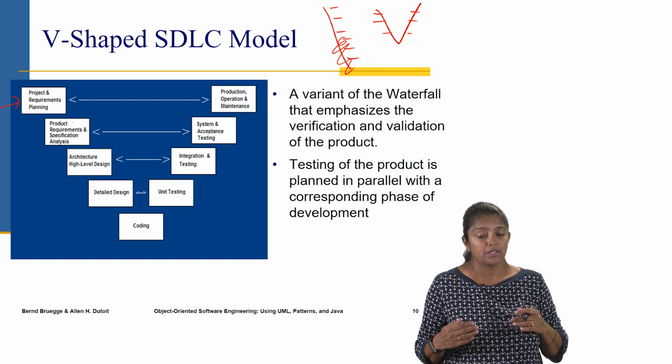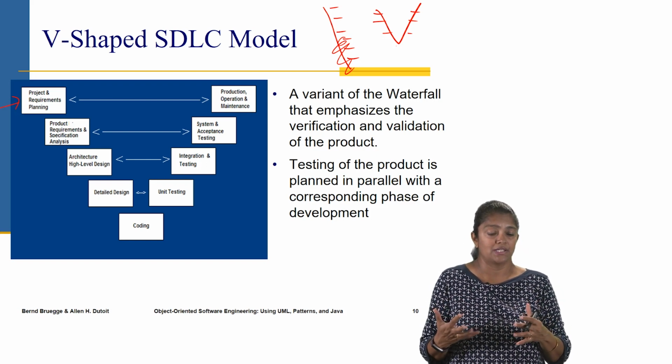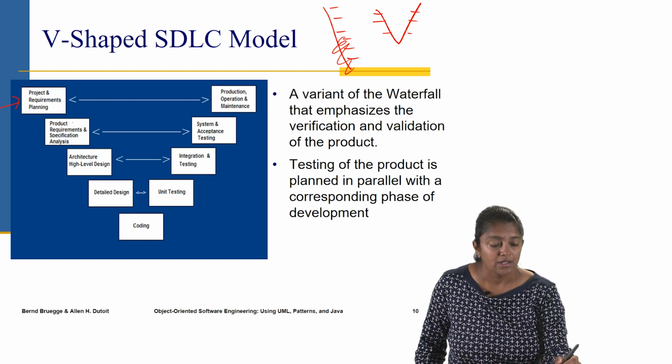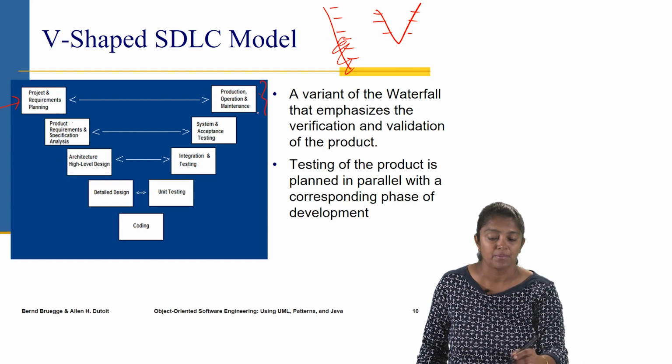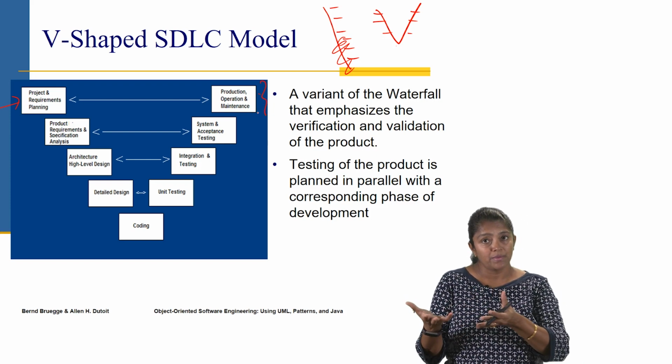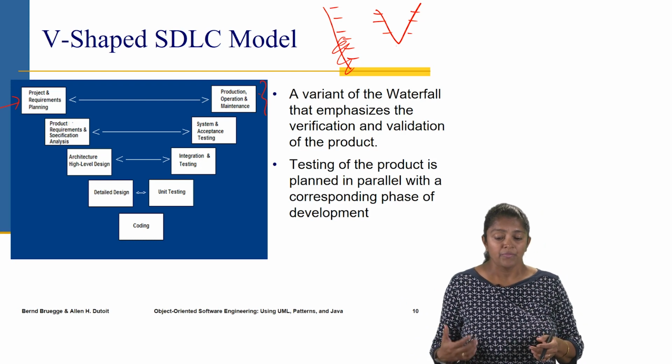Now, while project planning is happening, in parallel we can plan for the production, operation and maintenance phase. So planning for the maintenance phase can happen while the requirements analysis is happening.